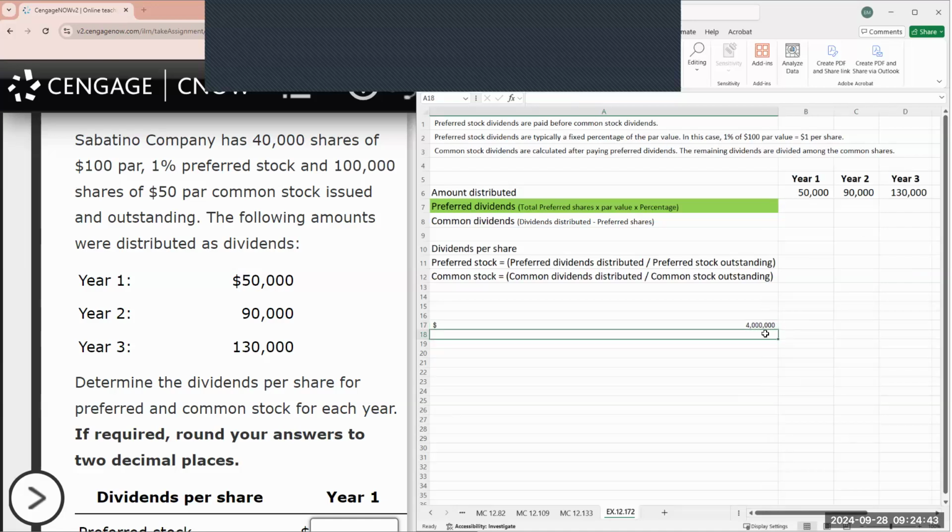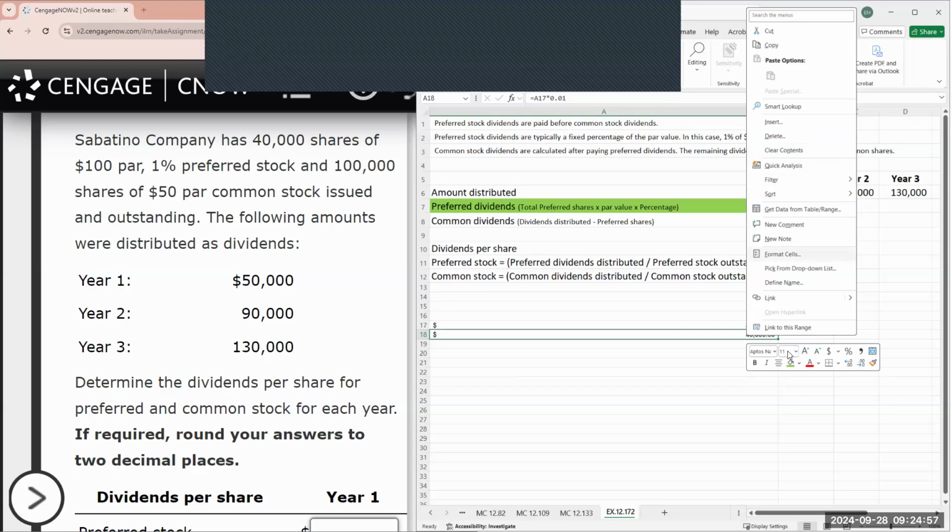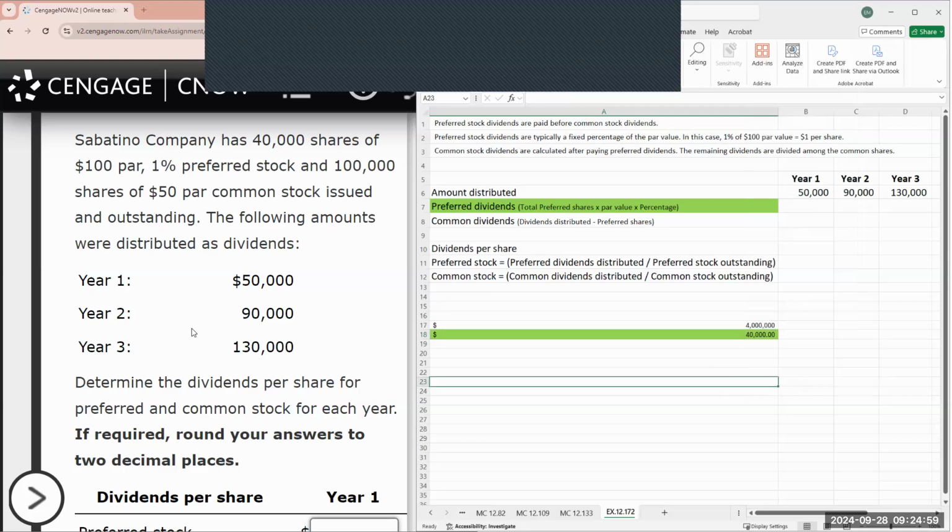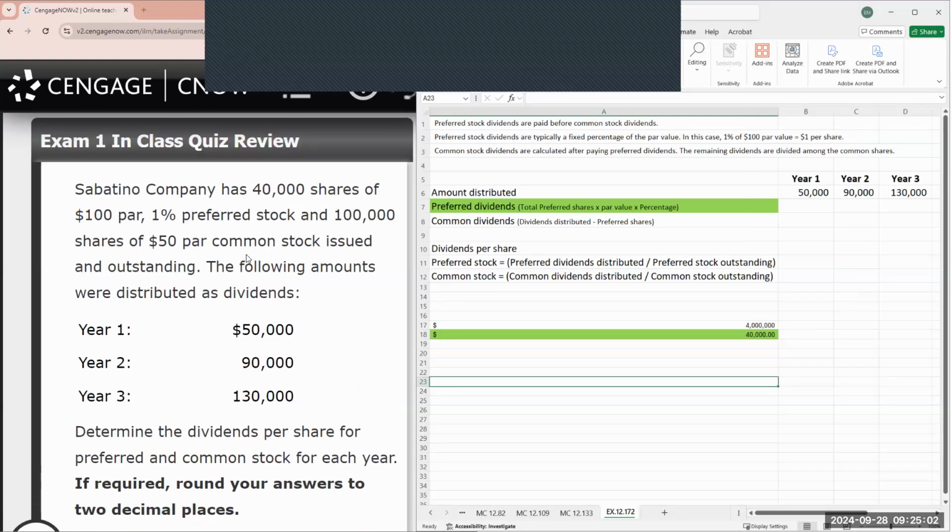And what the problem lets us know is that 4 million represents the total value of the preferred stock. And we are guaranteed to receive 1%. So what that simply means is that each year, preferred shareholders must be paid 40,000.